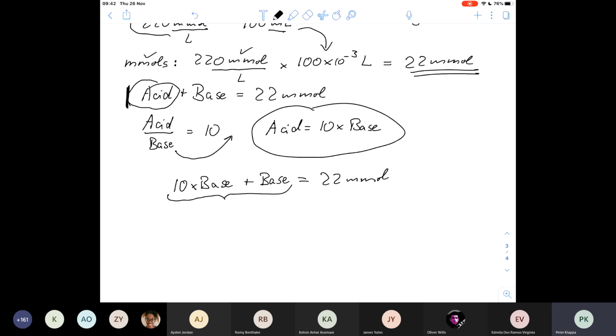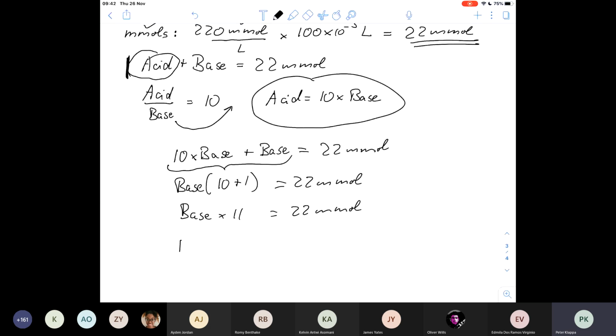So 10 times base plus base, I can factor out base, which is 10 plus 1 equals 22 millimole. Or base times 11 equals 22 millimole.